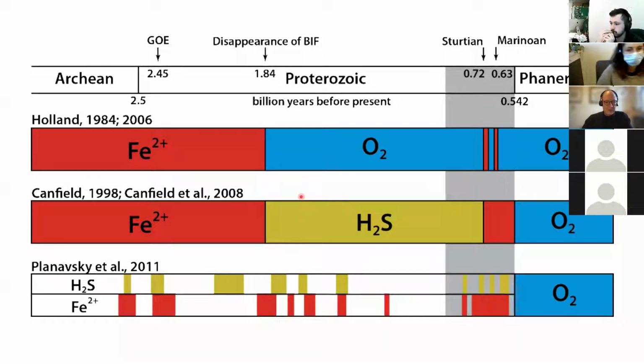Well, Canfield says, well, not so fast, and using sulfur isotopes, he of course constructed this boring billion where you have a hydrogen sulfide ocean that ends with an iron ocean, and then you get the oxygen. And Noah Planavsky says, well, maybe there's flip-flopping going on. Whatever it was, before the Phanerozoic, we probably did not have large amounts of oxygen in the oceans.